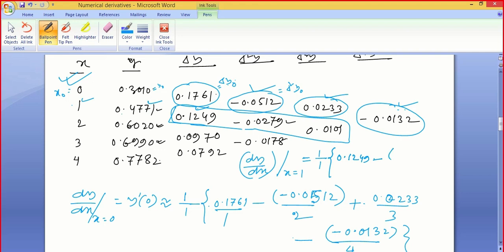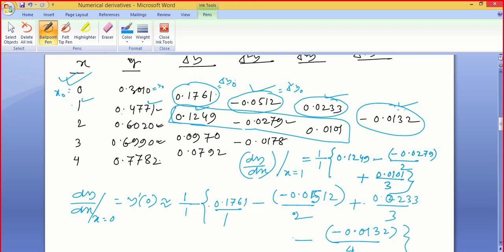Second difference is minus 0.0279 by 2, plus third difference by 3, means 0.0101 by 3. That will be the derivative at x1. Means you are using the same formula by considering that as the first element.